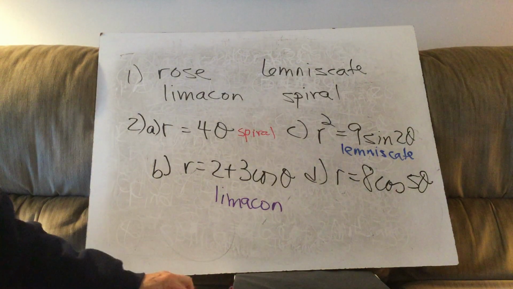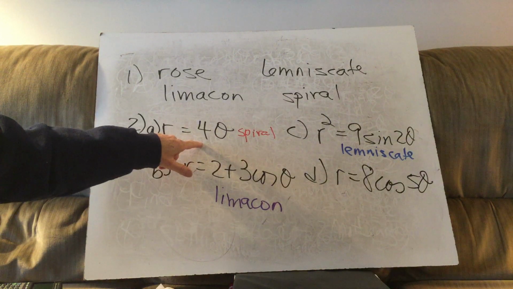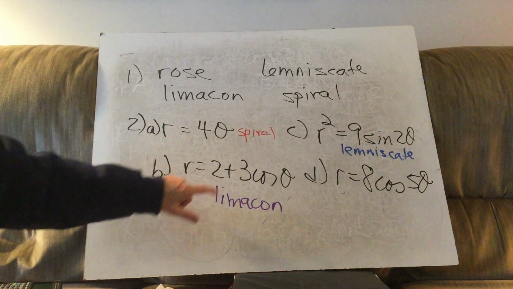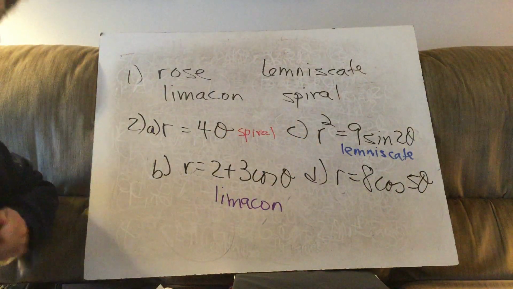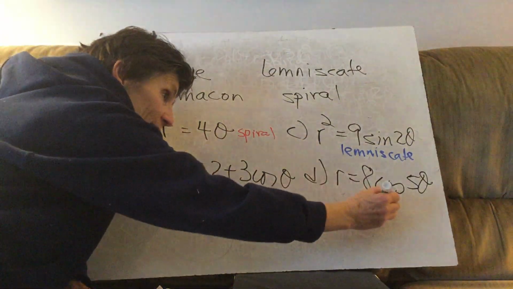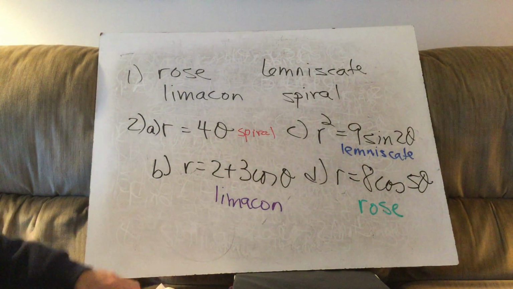And quite honestly, kids, if we don't have any of those things, no function means a spiral. Add or subtract means a limacon. Squared means a lemniscate. Otherwise, you've got a rose. Okay.